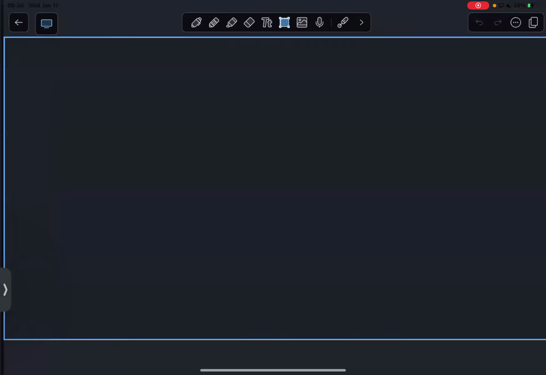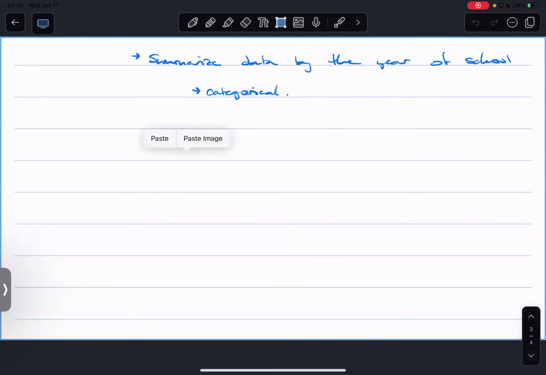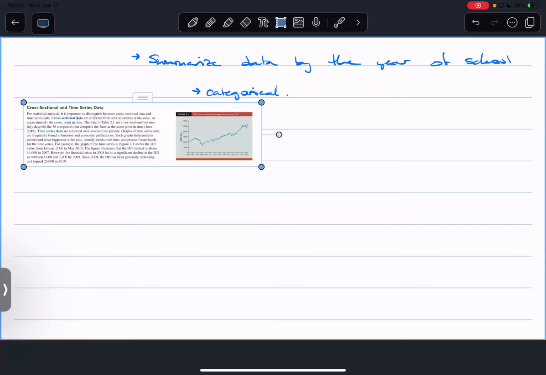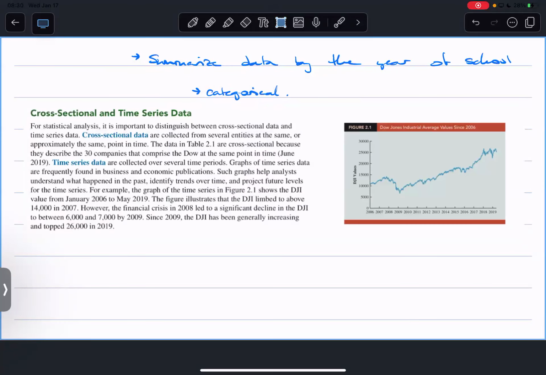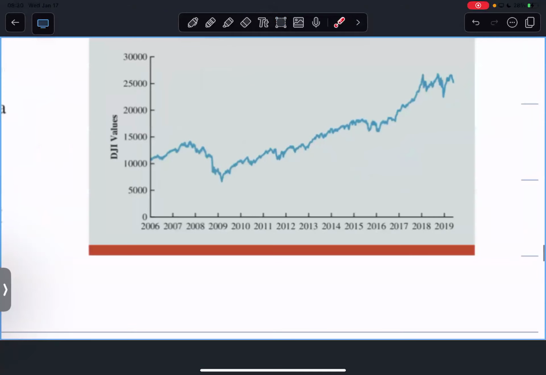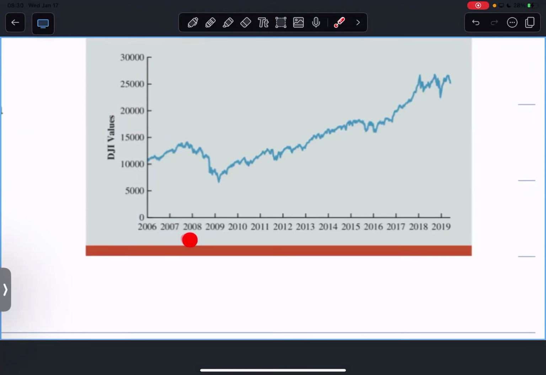Time series. I've talked about time series before. When we have some sort of time variable on the x-axis, then we have a time series. Usually, for us, we're going to have a numerical variable on the y-axis, some measurement.